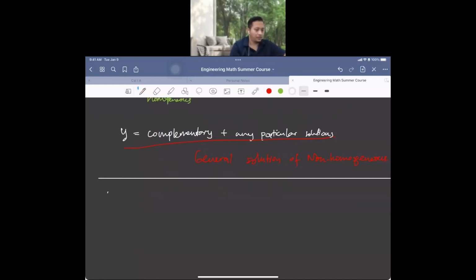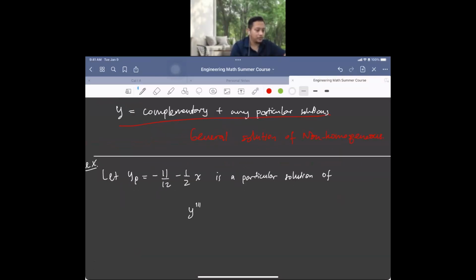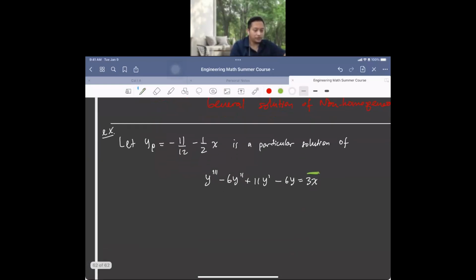Okay, now let's look at an example. Let yp equal negative 11 over 12 minus 1 over 2 x, a particular solution of y triple prime and so on.